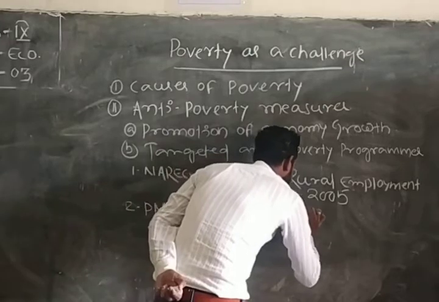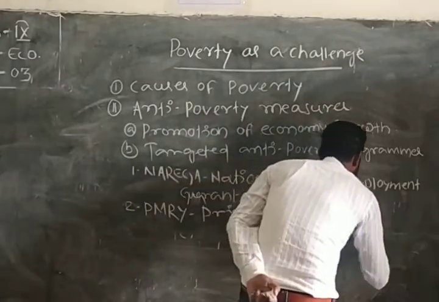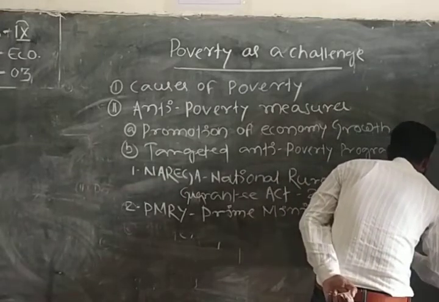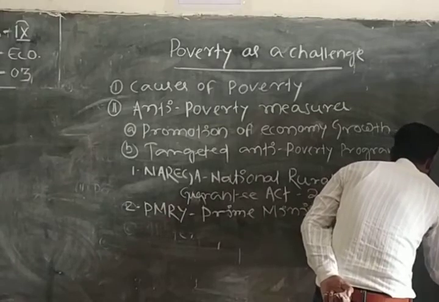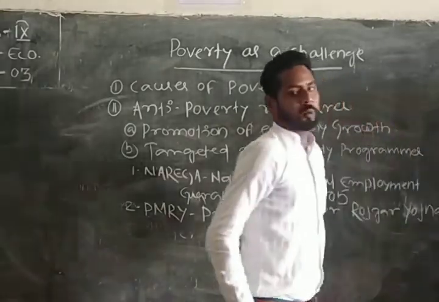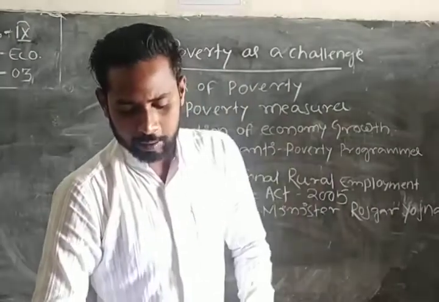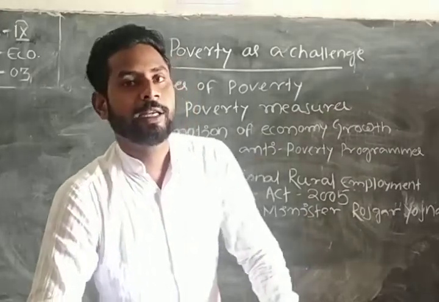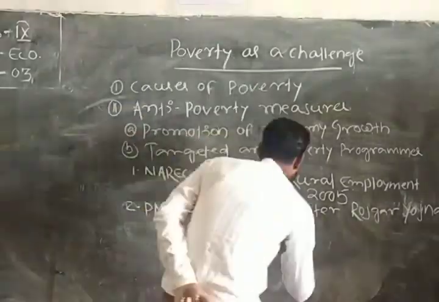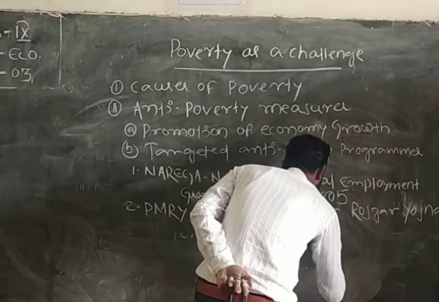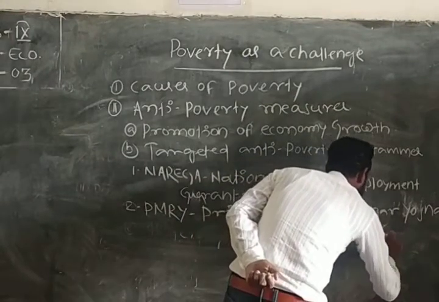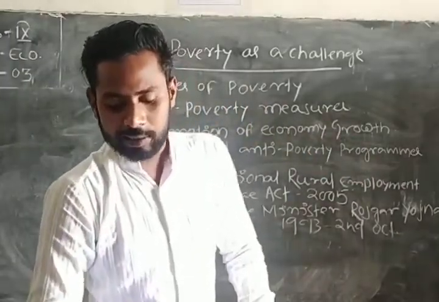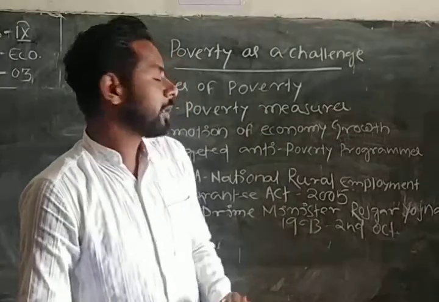Prime Minister Rozgar Yojana was launched on 2nd October 1993, on the auspicious day of Gandhi Jayanti.